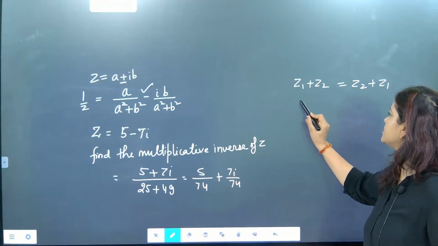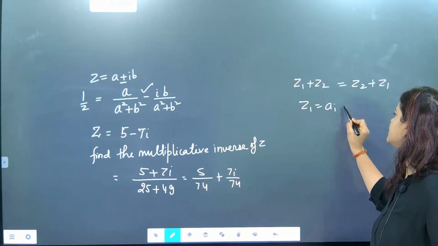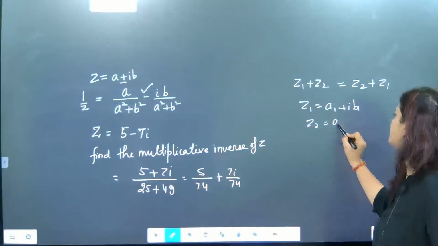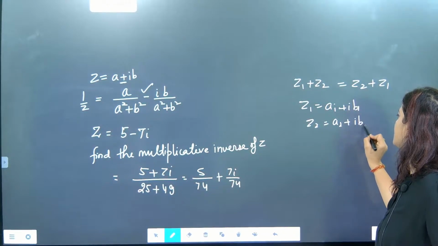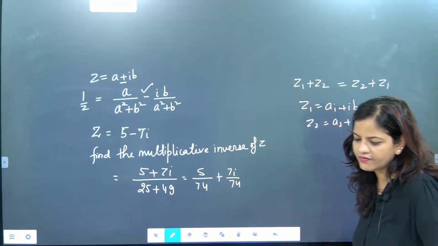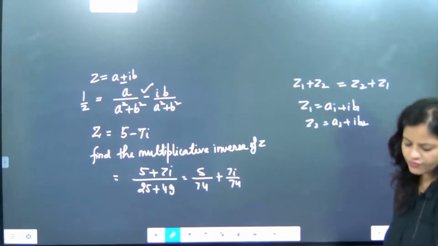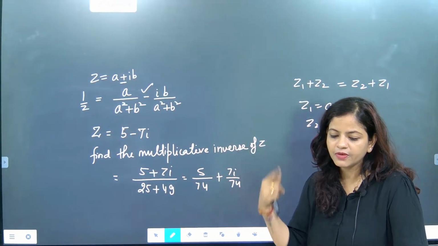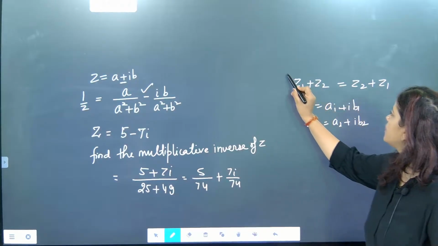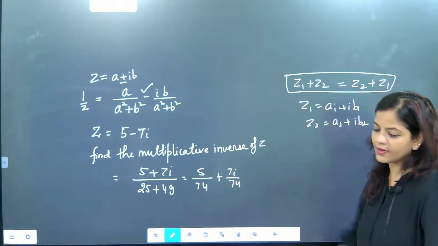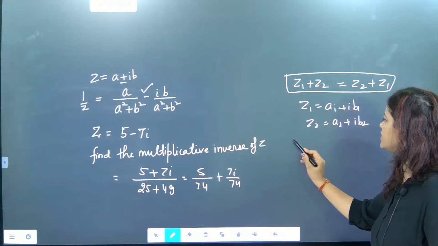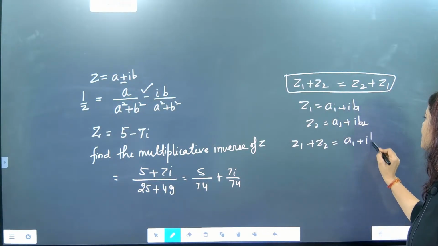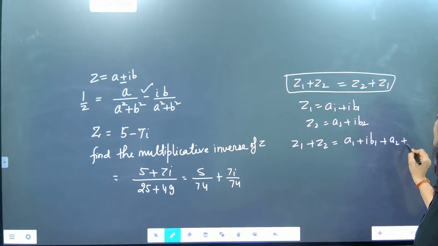So here Z1, when you are writing it, is A1 plus iB1, and Z2 is equal to A2 plus iB2. So here we can shuffle it. Addition will be associative also, and addition will be commutative also. I'm just going with one-time explanation. I'm not solving it fully, but one time I'll show this. Z1 plus Z2 is equal to A1 plus iB1 plus A2 plus iB2.